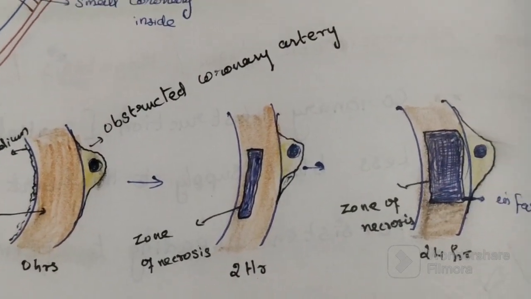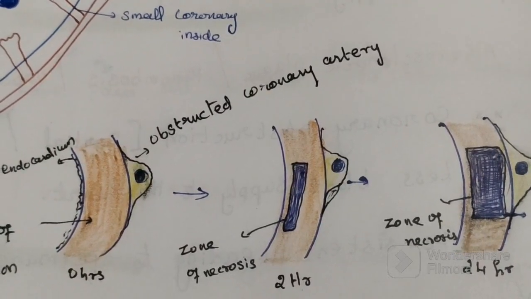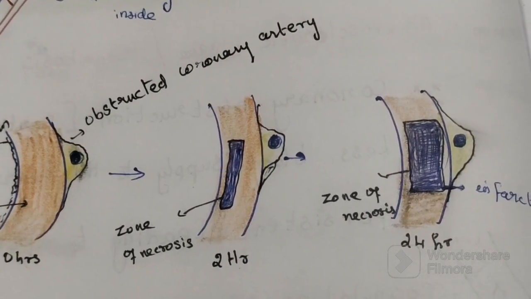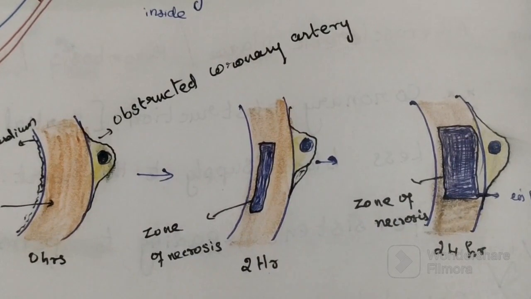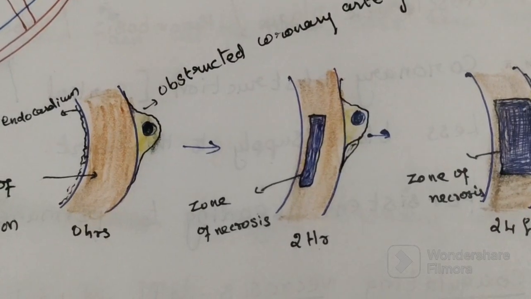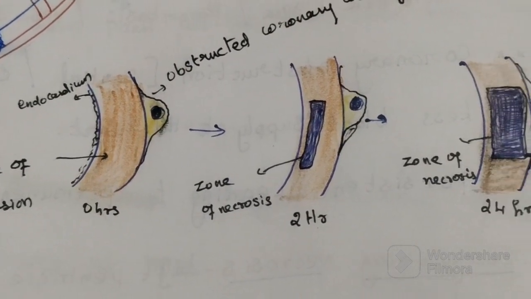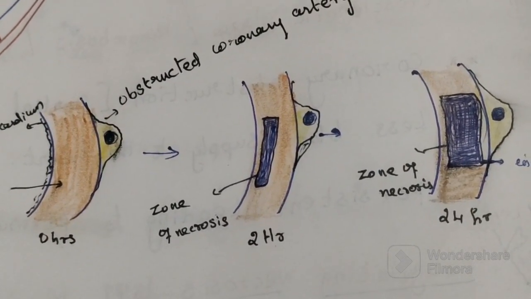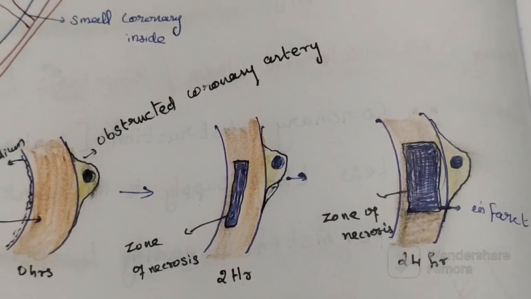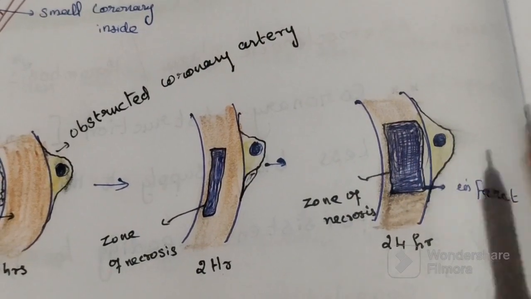Within 2 hours the infarct starts from the inner side, so it is subendocardial, and within 24 hours it progresses to full thickness. It started from the inner side. This one is transmural, this one is subendocardial partial, and this one is fully affected.